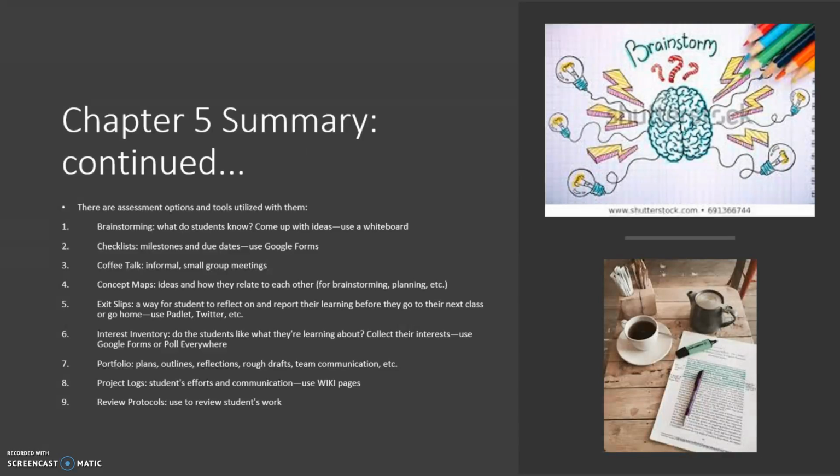So plans, outlines, reflections, rough drafts, communication. And then there are project logs. So this can display the students' efforts and communication, and that you can use a wiki page for. And then review protocols, and those are used to review students' work.